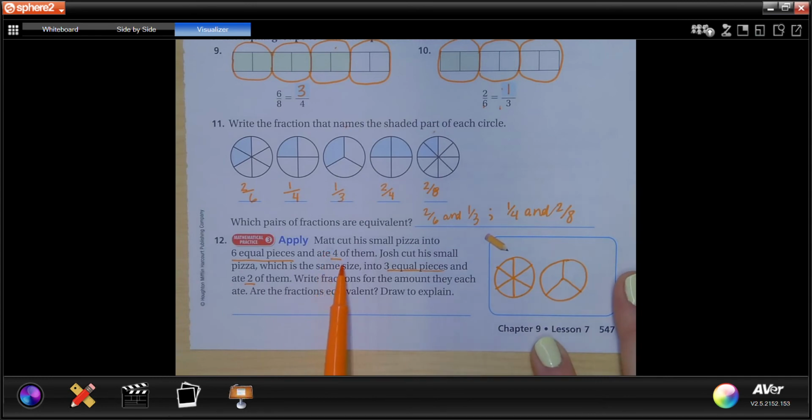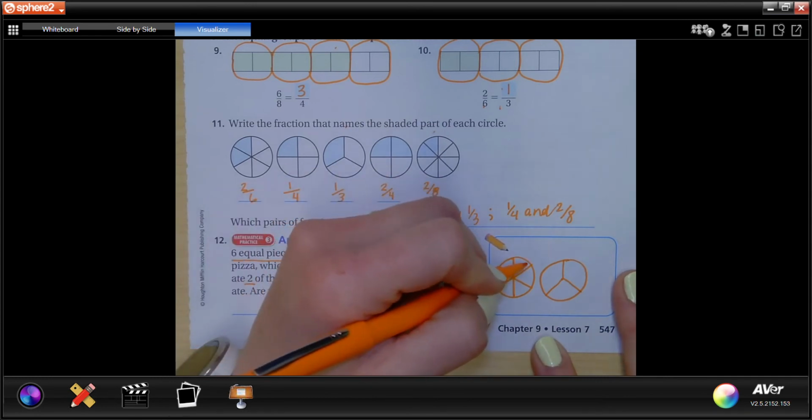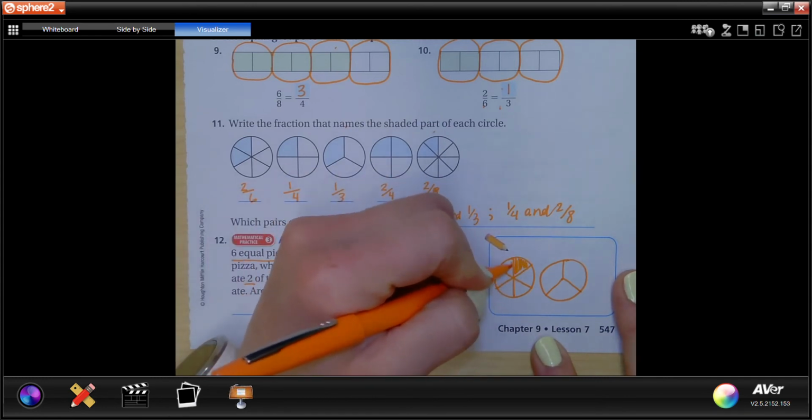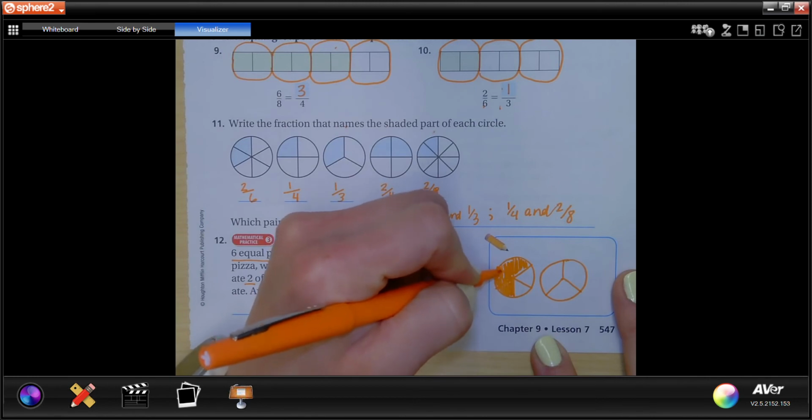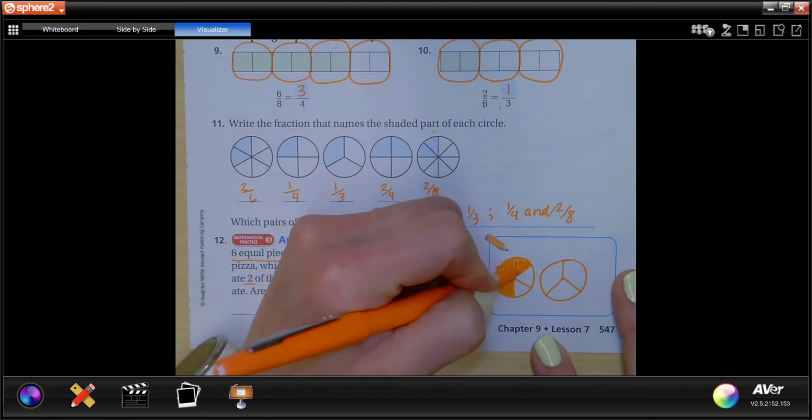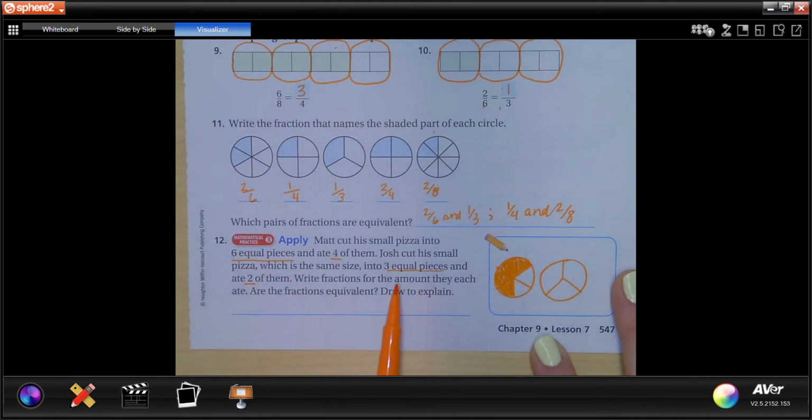Matt ate 4 of his. 1, 2, 3, 4. And Josh ate 2 of his.